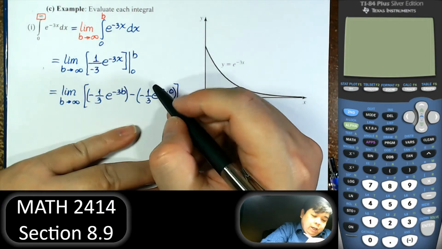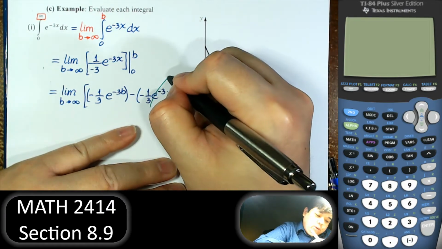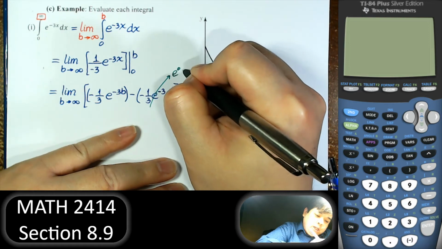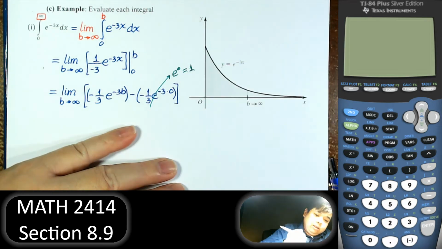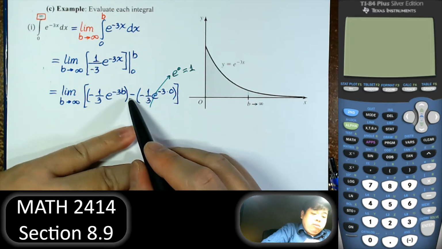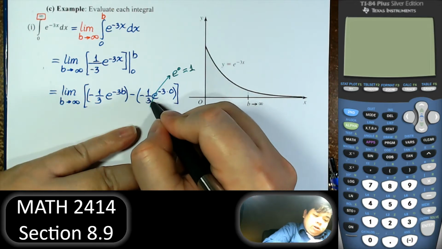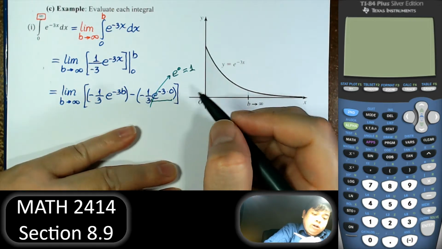Now, e to the negative 3 times 0, we have e to the 0 equal to 1. So because of that, that is negative, minus negative 1/3. So we just plus 1/3 because that part is equal to 1.